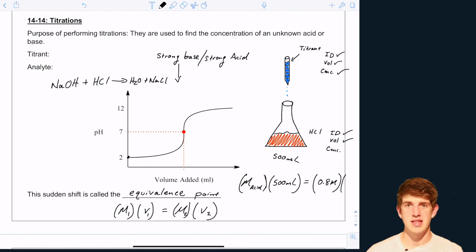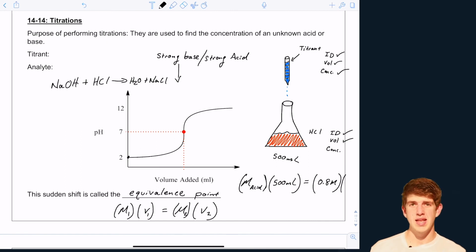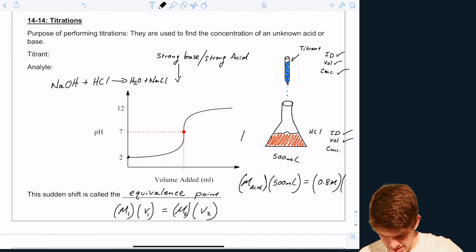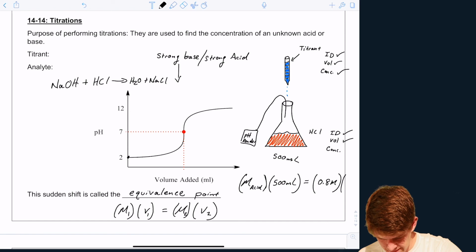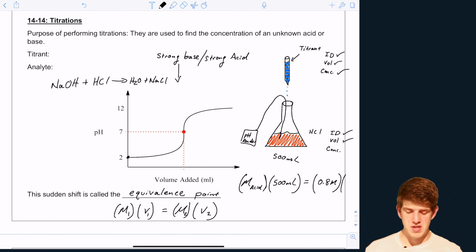As we add that NaOH, our titrant, to our analyte, and our analyte is HCl, we are going to start to see a change in the pH. So we would start in our solution, if we've got a pH reader and we're measuring the pH of this solution, potentially at a pH of 2.